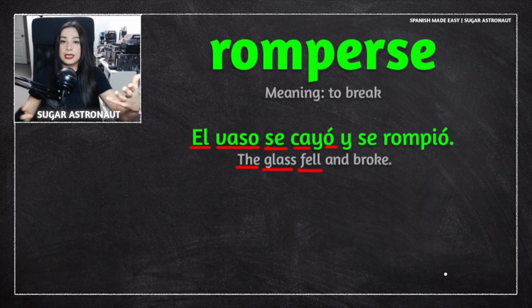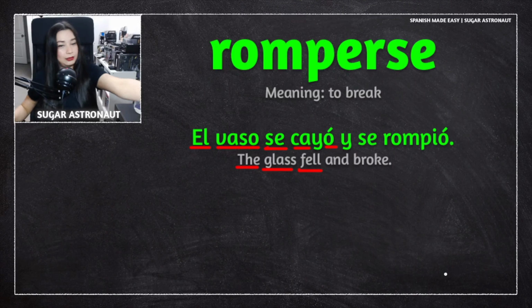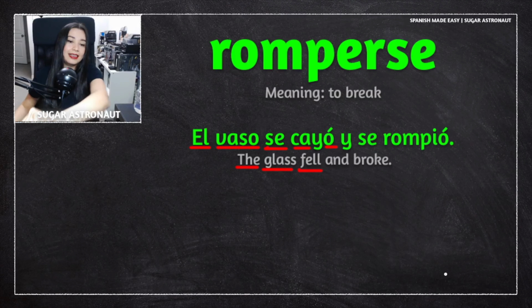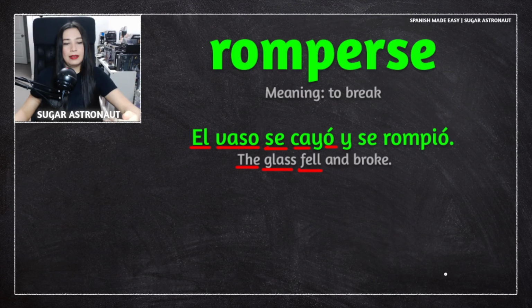So if you see a verb and you see se at the end, that means it works with those pronouns, and you need them for certain situations, right? Specifically, if you're talking about yourself, herself, themselves, and so on. Myself even, okay? El vaso se cayó, the glass fell.